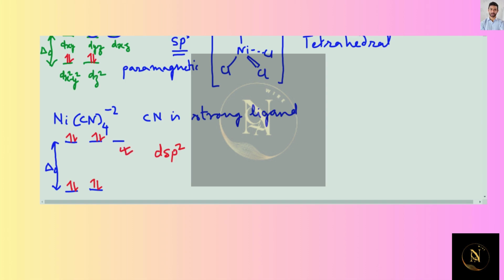This should be vacant for the hybridization, and because of that all the electrons are paired here and the complex is diamagnetic. When the hybridization is dsp2, then geometry should be square planar. So nickel at the center, all CN and the central atom are in the same plane.